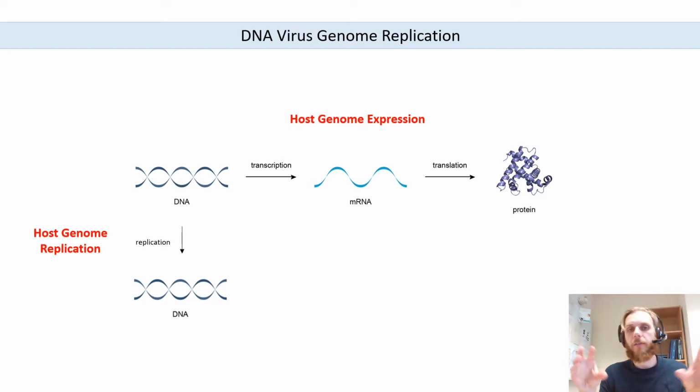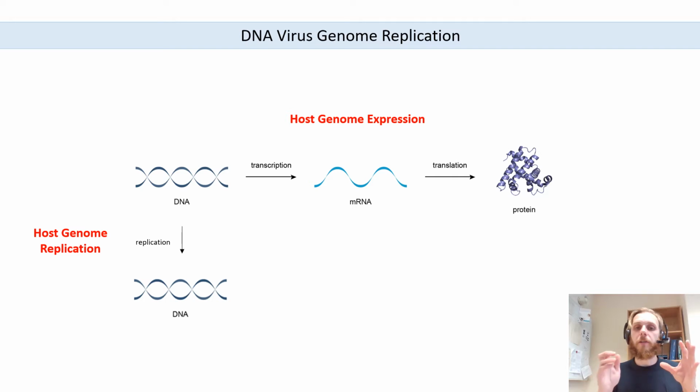Because DNA viruses have a DNA genome, so a genome that is in the same form as the host cell genome, they can, in theory, use host cell machinery, host cell enzymes to replicate that genome. So for the host cell, genome replication means going from a DNA template to a DNA copy of that template.